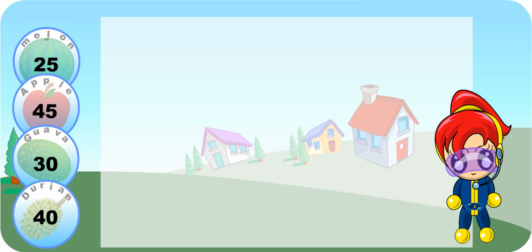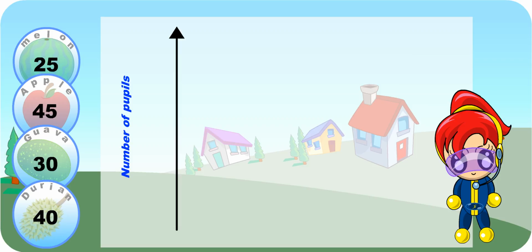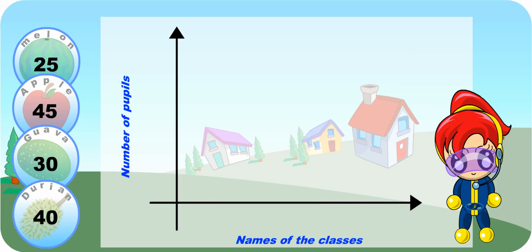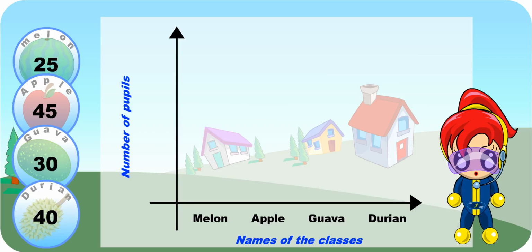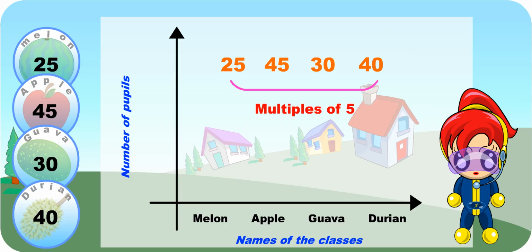Now I'm going to draw the vertical axis for the number of pupils in each class and the horizontal axis for the names of the 4 classes. Can you fill in the numbers on the vertical axis so that I can see the scale? Okay, the 4 numbers 25, 45, 30, and 40 are all multiples of 5.